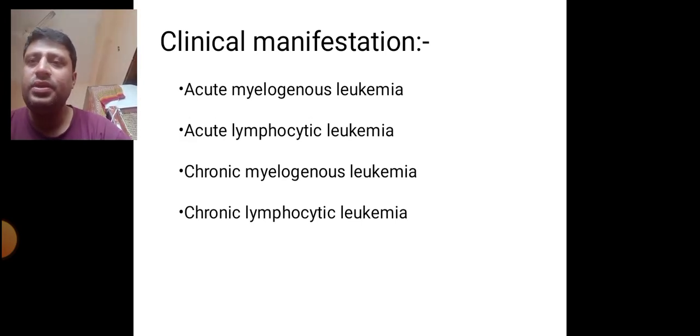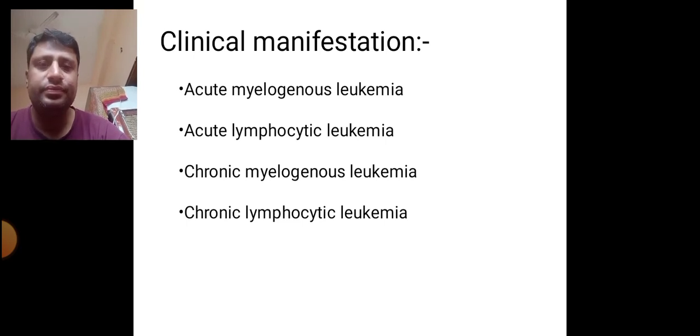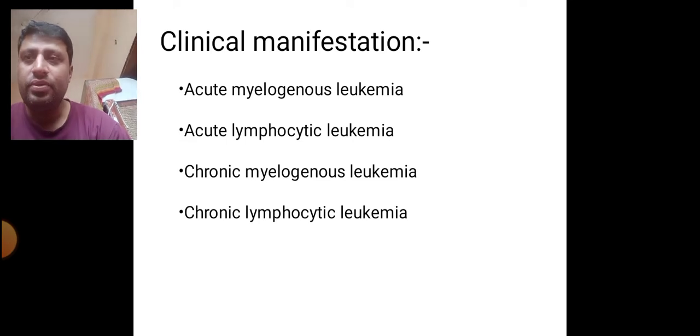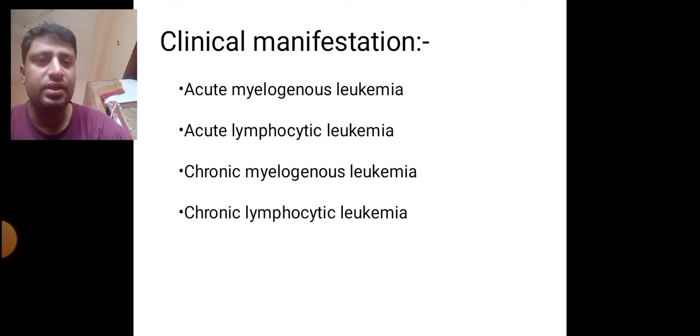Second type is the manifestation of acute lymphocytic leukemia. The clinical manifestations include fever, pallor, bleeding, anorexia, fatigue, and weakness. Pain in the bones, joints, and abdomen.